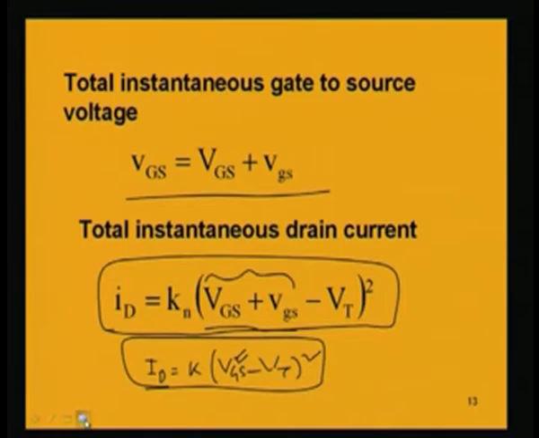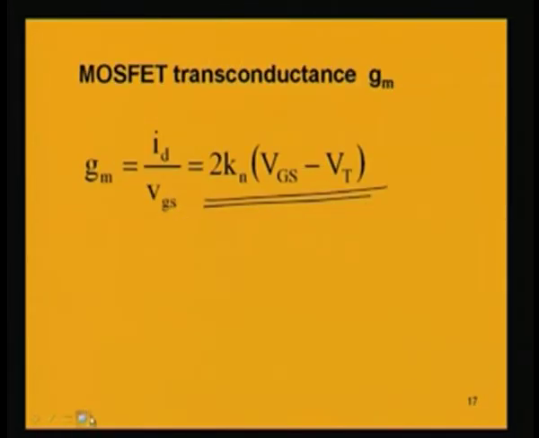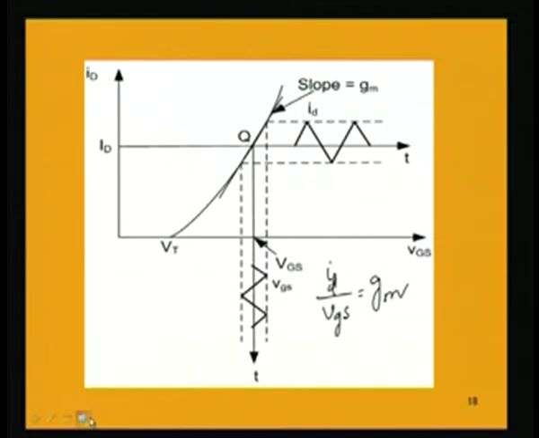Let us recall the transfer characteristic of the MOSFET device. So, the drain current versus the gate to source voltage curve, which is the transfer characteristic, starting from the threshold voltage, and we should know more than one point to draw the transfer characteristic.